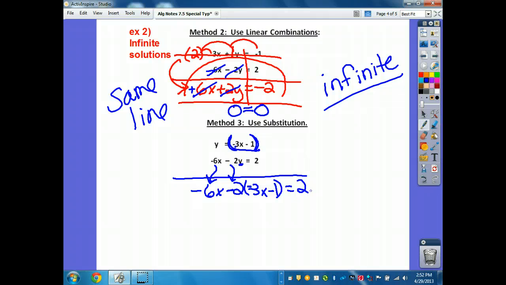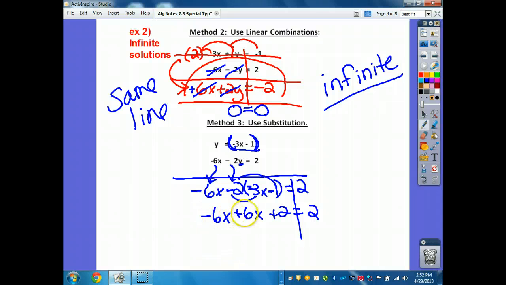Do the distributive property. I'll bring my negative 6x down. What's negative 2 times negative 3x? What is it? 6. Plus or minus? Plus. Plus 6x. And what's negative 2 times negative 1? Plus 2. Plus 2 equals 2. Now what do I have left?